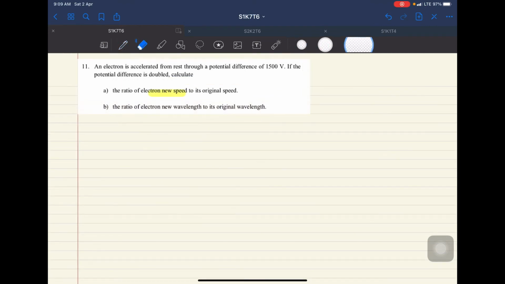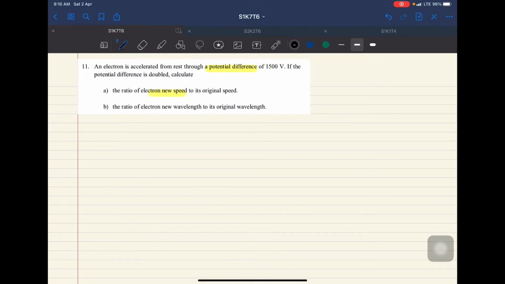Okay, for question 11, an electron is accelerated from rest through a potential difference of 1500 volt. If the potential difference is doubled, calculate the ratio of the electron's new speed to its original speed. So basically the potential difference is doubled, so capital V is doubled. What happened to the original speed, small v?